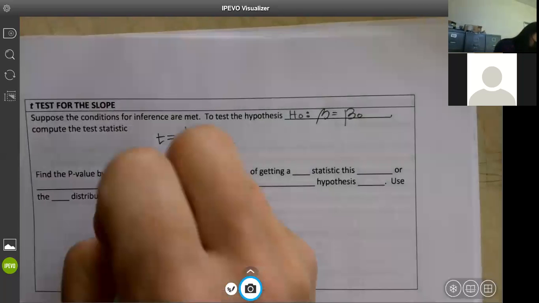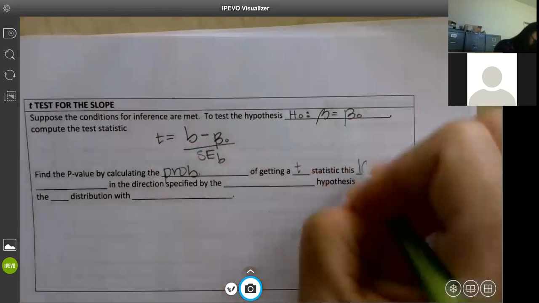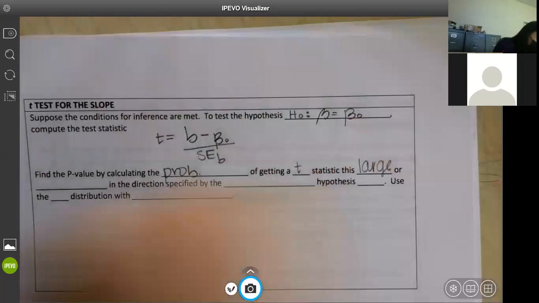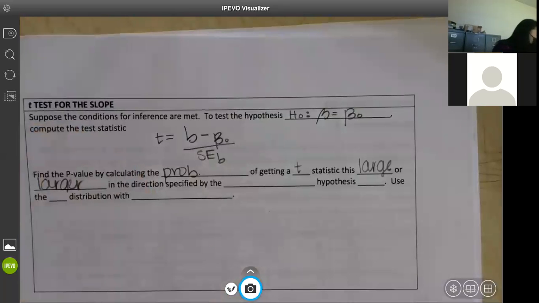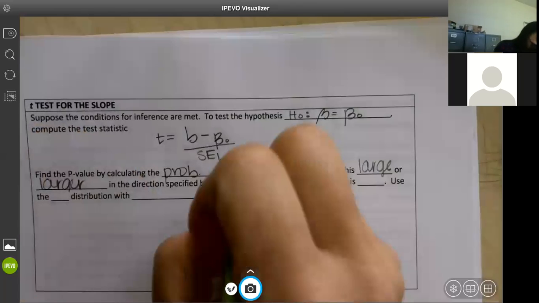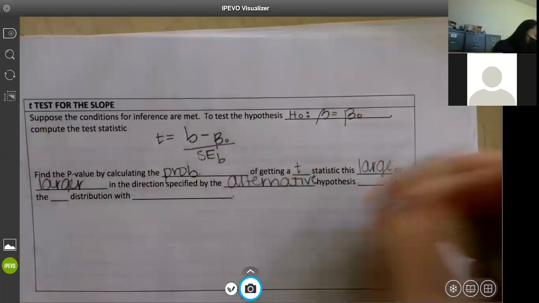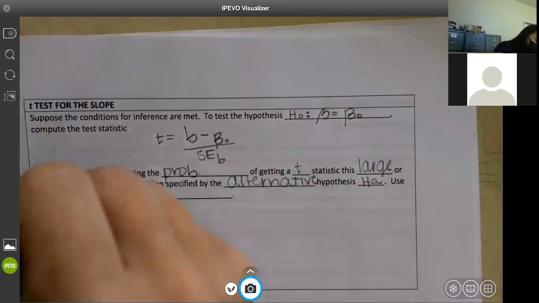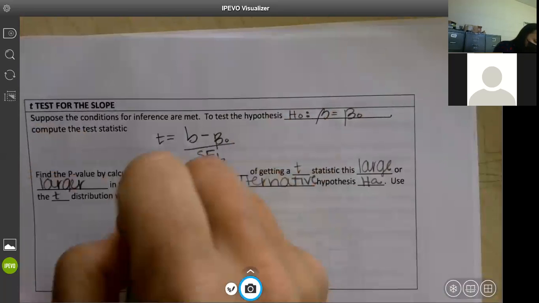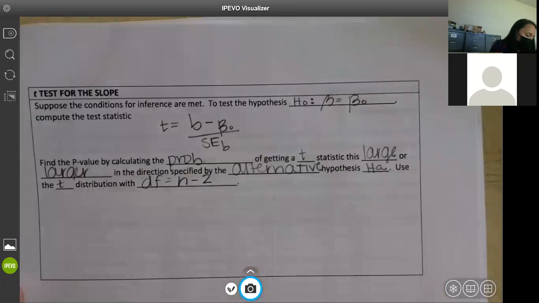The probability of getting a T statistic this large or larger in the direction specified by the alternative hypothesis, H sub A. Use the T distribution with degrees of freedom equal to n minus 2.